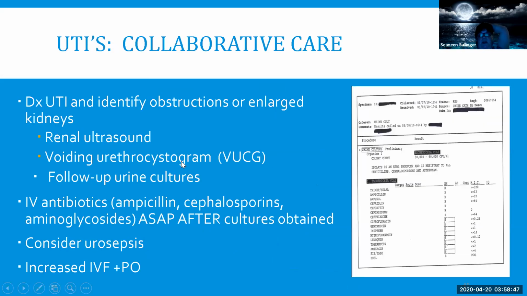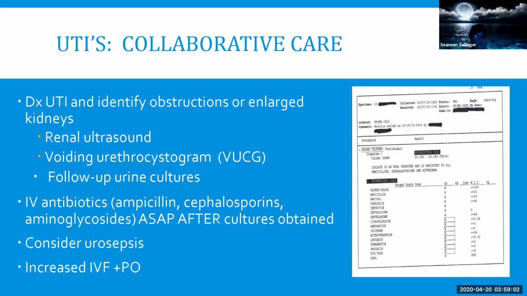So collaborative care, this is a urine culture and sensitivity report here in the picture. You can often do renal ultrasounds to see if there's an obstruction or to look at the anatomy of the kidneys and the bladder.